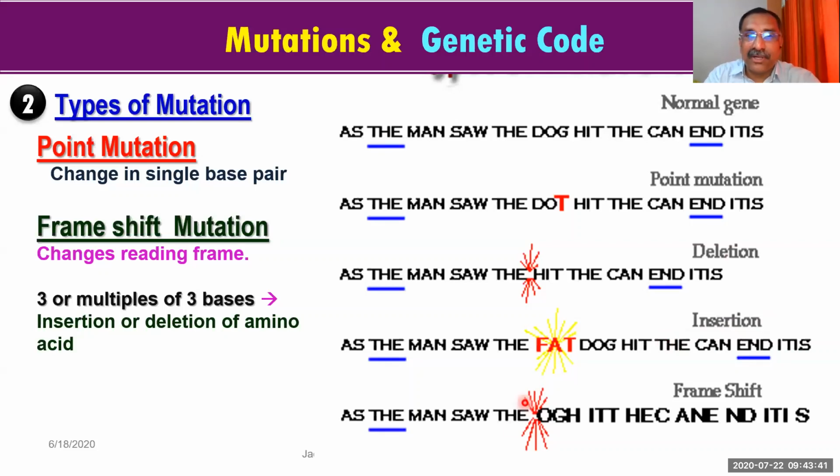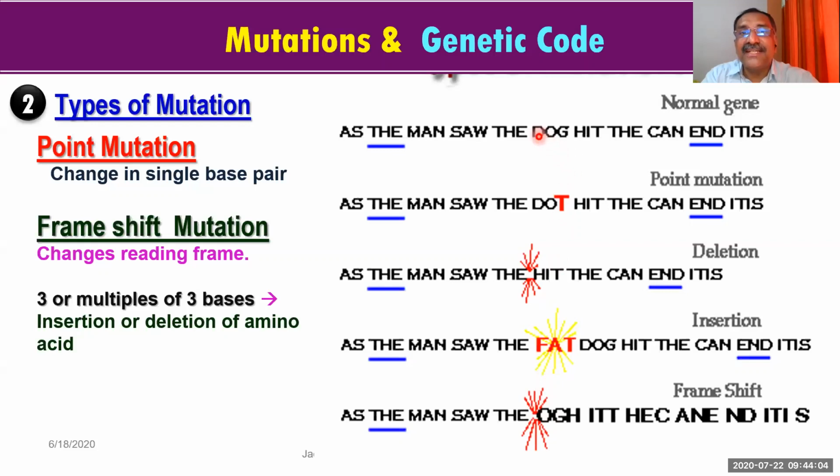Got it? Now come to the last one. What can you see? Just look at here. In the last one, you are seeing that one letter is removed. Now you see the man saw the dog. Look at here, what has happened?